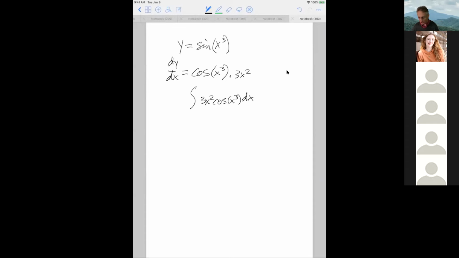Notice if you've got two things to be concerned about, two functions here and here, and one is the derivative of the other, or a constant multiple of the other, then we've got x to the third. Well, the derivative of that is 3x squared.